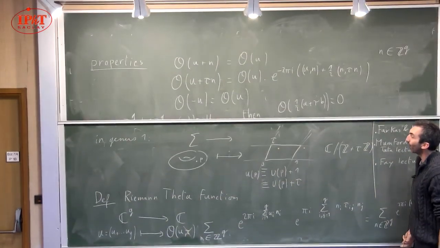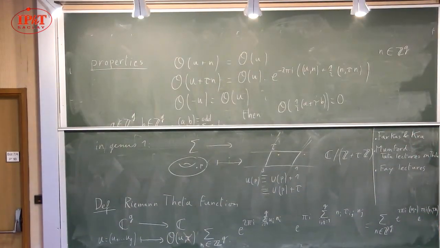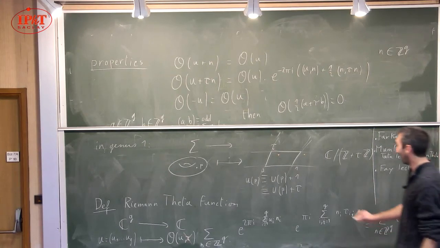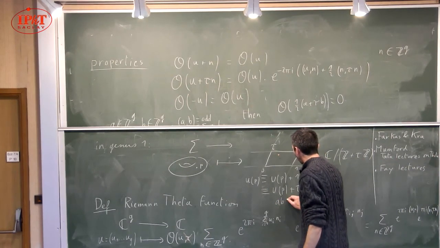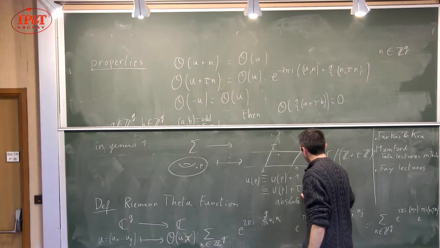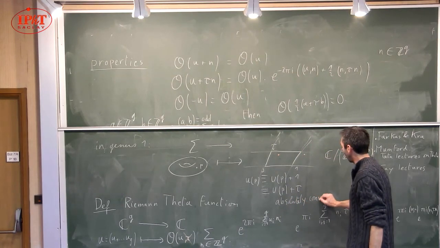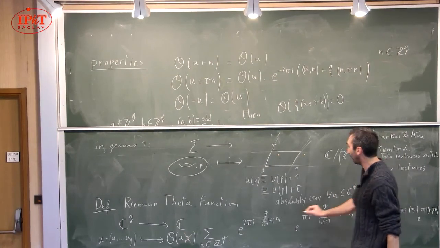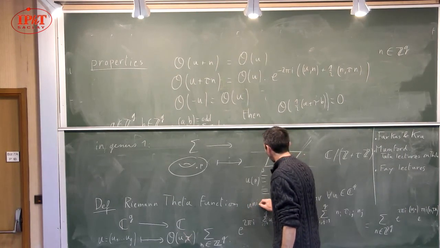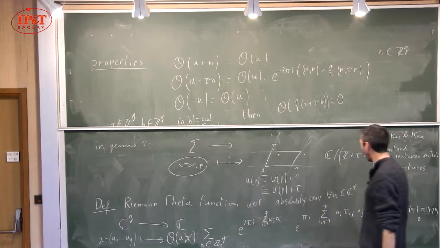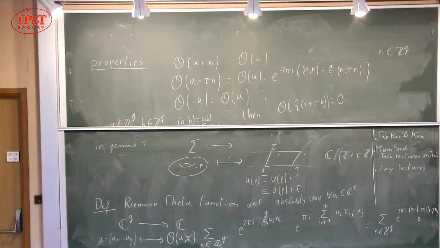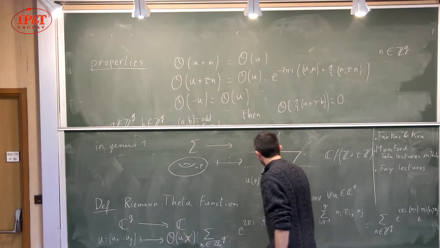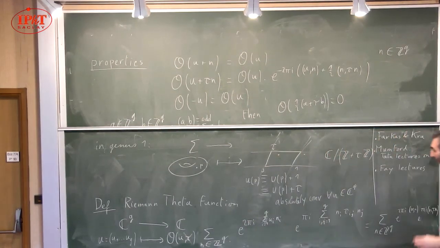Oh, I just forgot to say that it's well defined: it's absolutely convergent for any u, for every u belongs to C^g, and uniformly on any compact domain. Basically, it defines an analytic function of u.